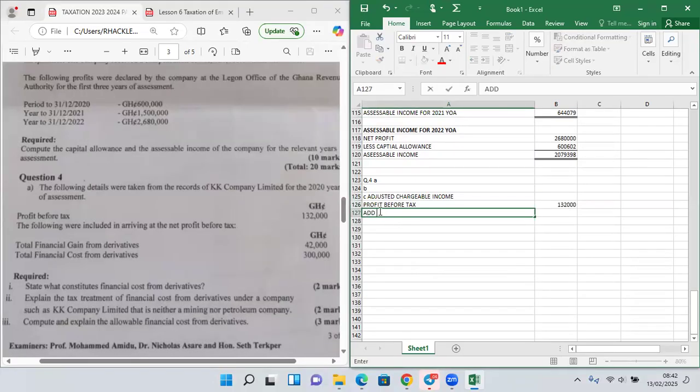So we add finance cost and less financial gain.